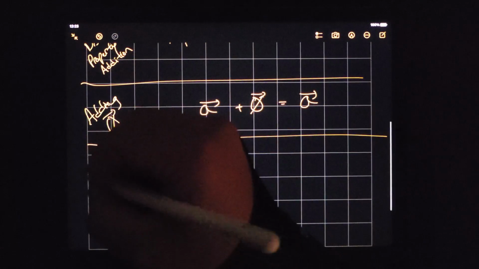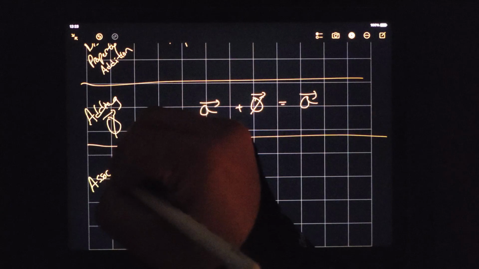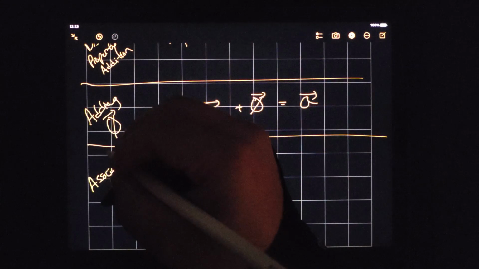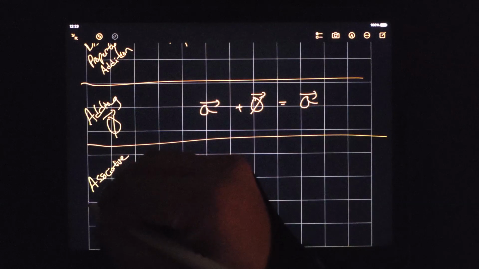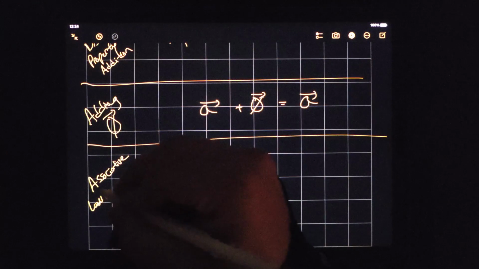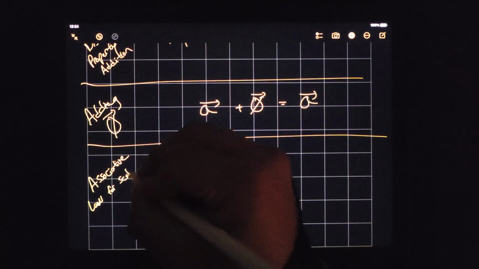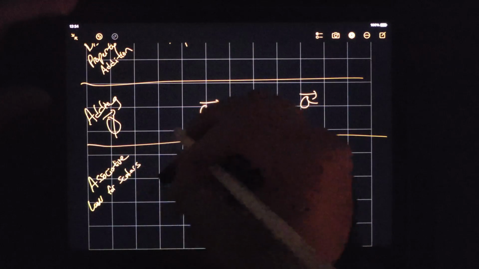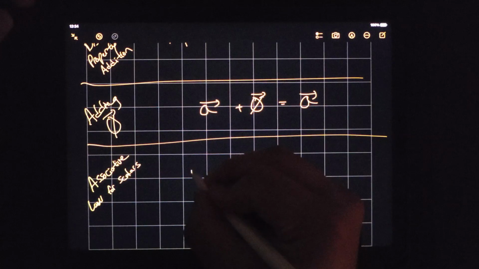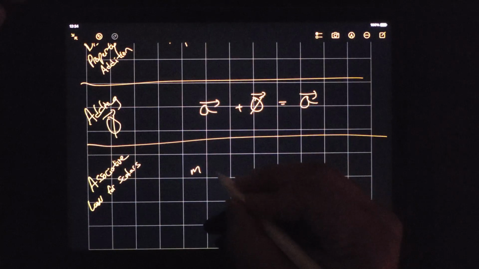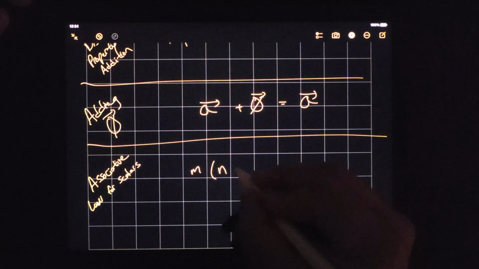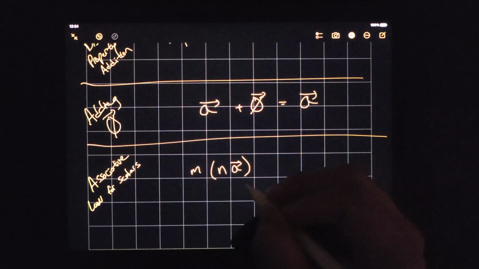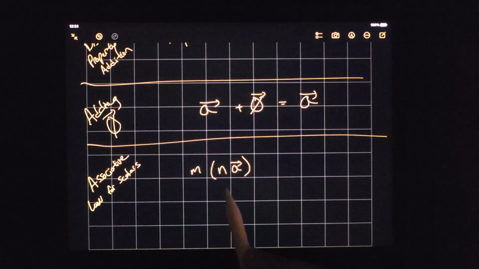What else do we have? We also have the associative law for scalars. And this basically says that if you have m multiplying times that, m and n are both real numbers.